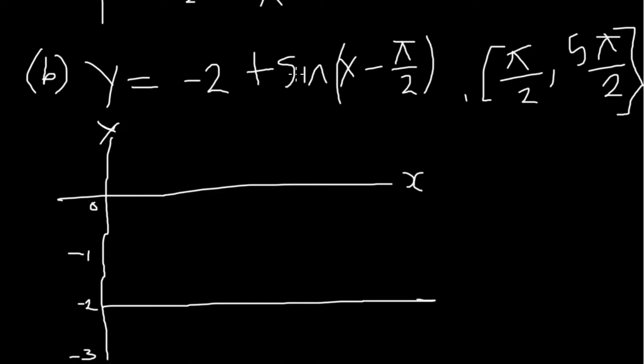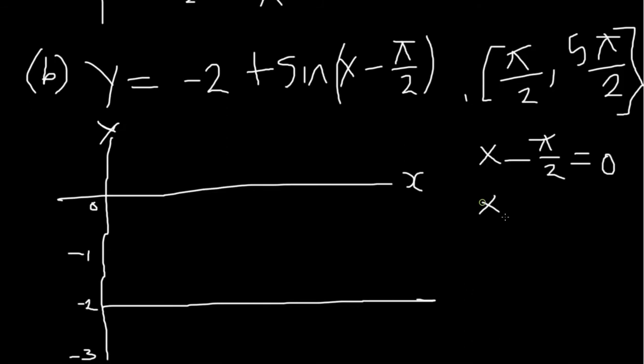And then let us now deal with this. I want to know the starting point. Remember what I said? If you want to know where your graph is going to start from, you first have to take x minus pi over 2 and equate it to 0.